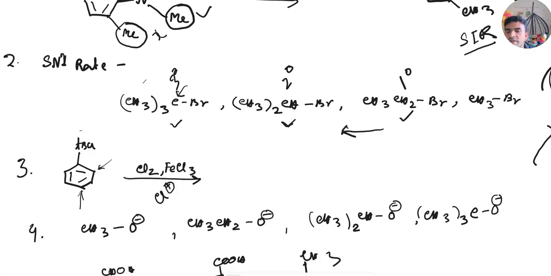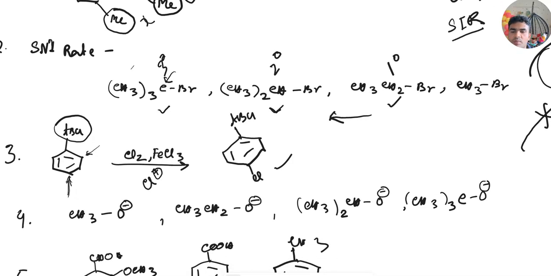But due to the tertiary butyl group, there is less probability of Cl coming at the ortho position. So electrophilic substitution will take place at the para position. The major product will be the para one. So this is another example of steric hindrance.